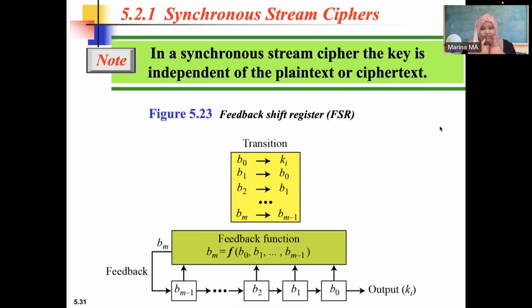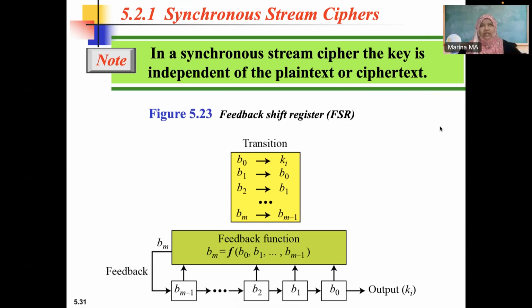So they have a connection, they are related. But in synchronous stream cipher, they are independent. Your key is created without any influence from your plain text or your ciphertext.